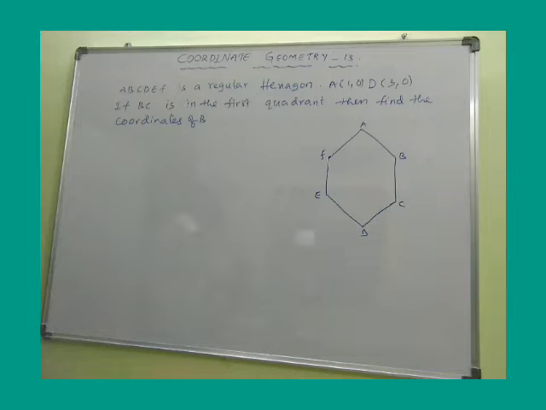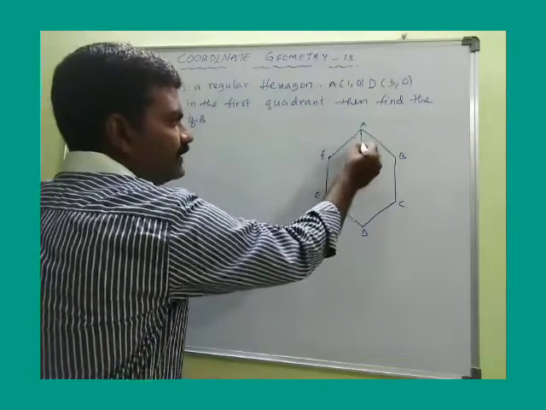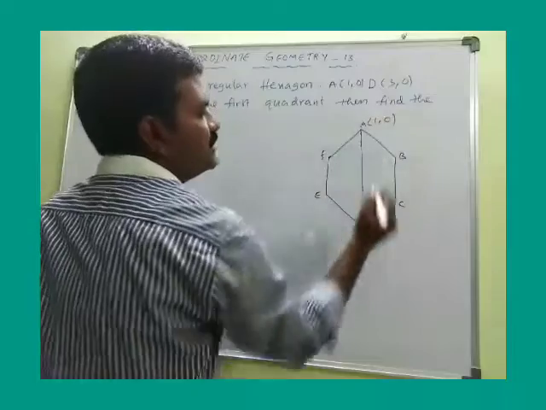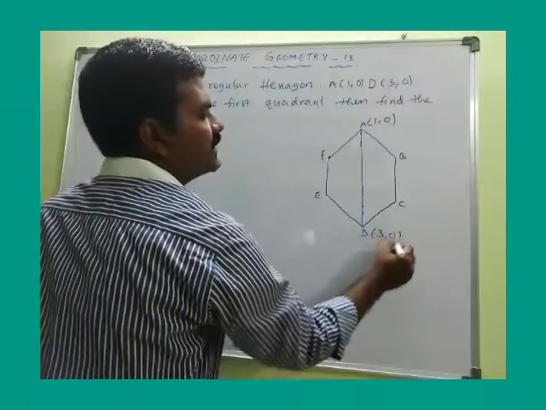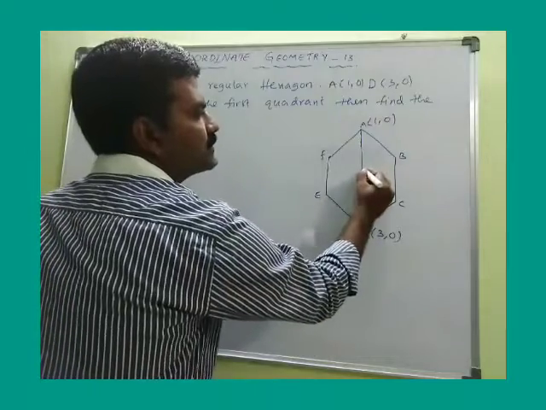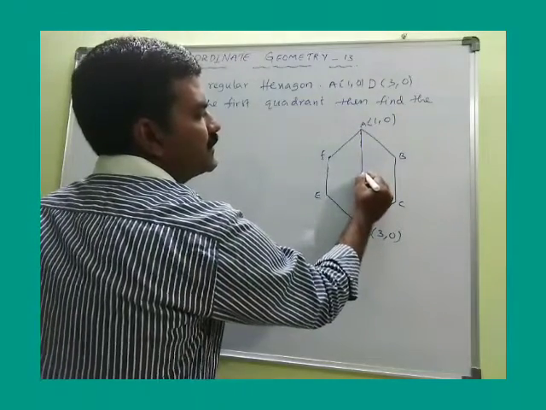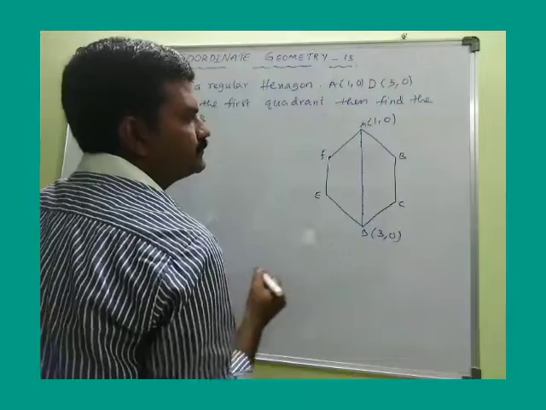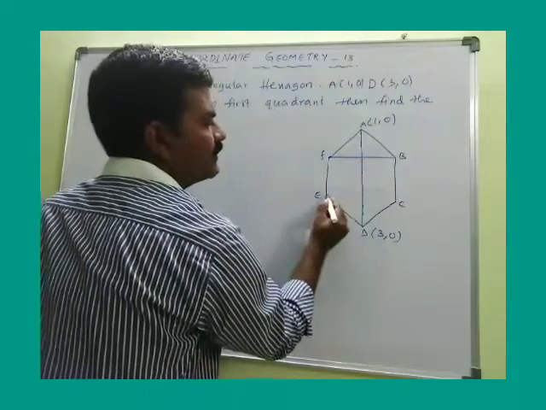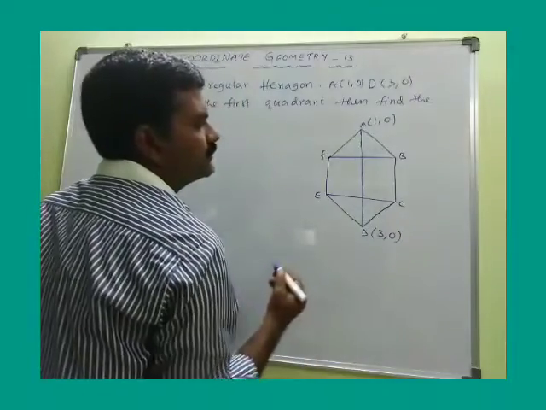Now, look at this concept. Join AD. A is provided as (1, 0) and D is provided as (3, 0). Now suppose this is the point.